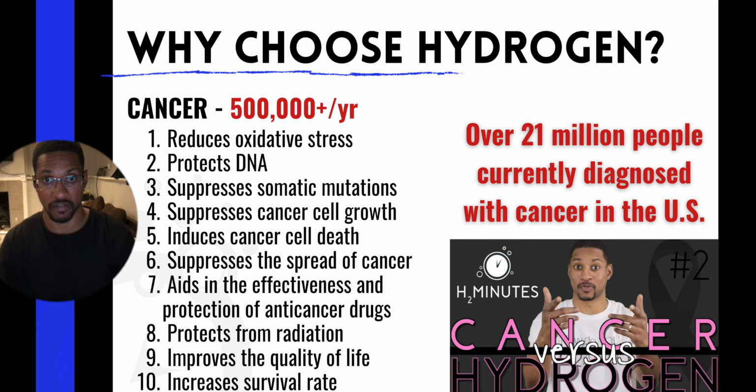This is one of the things I've actually seen in the studies, where they gave hydrogen at the same time as a chemotherapy drug and saw that it enhanced the effects of the chemotherapy drug but protected the cells, for instance protected the liver from damage from a chemotherapy drug. So it's pretty cool what they're finding.